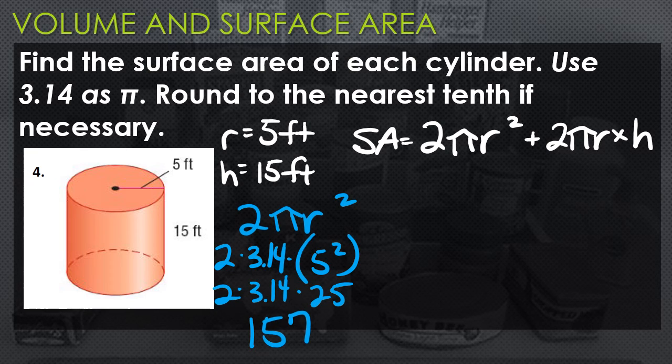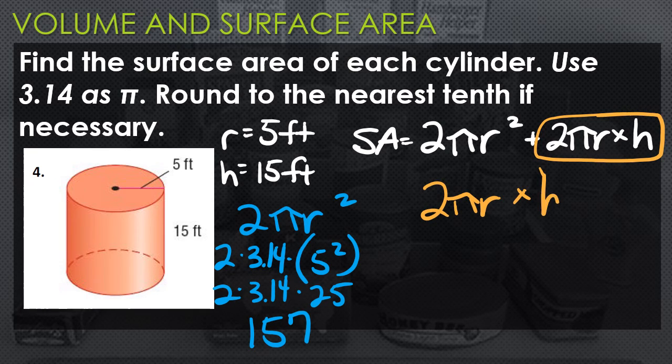Now let's take care of this second chunk right here. We have 2 pi r times h. So we have 2 times 3.14 times our radius, 5, times our height, 15. We're going to multiply all four of these together.